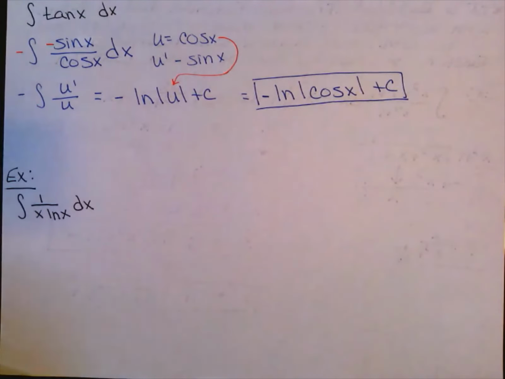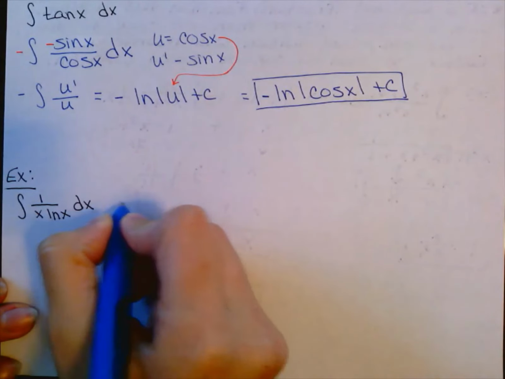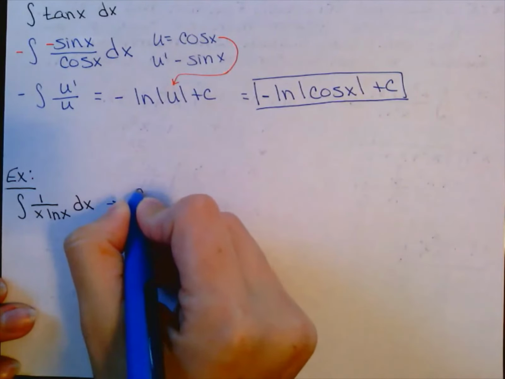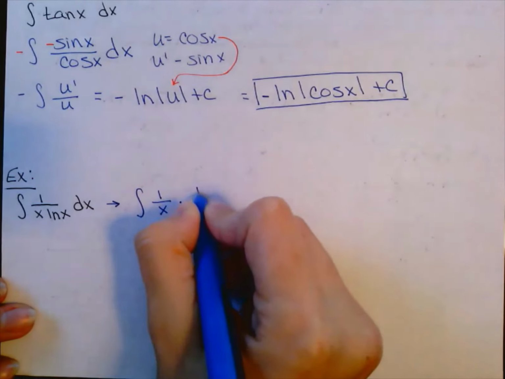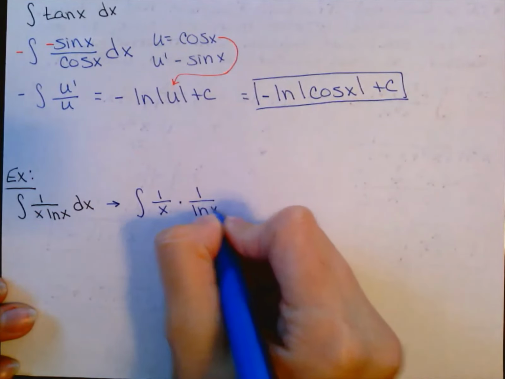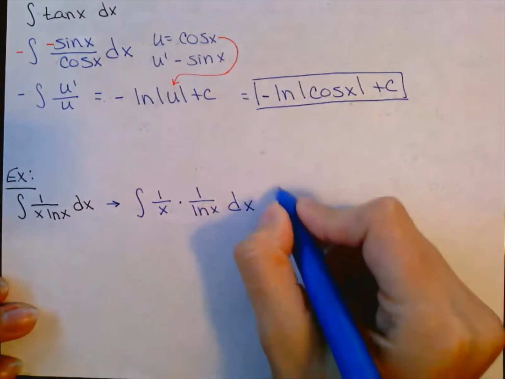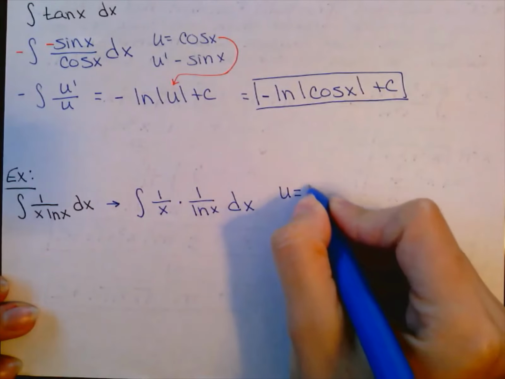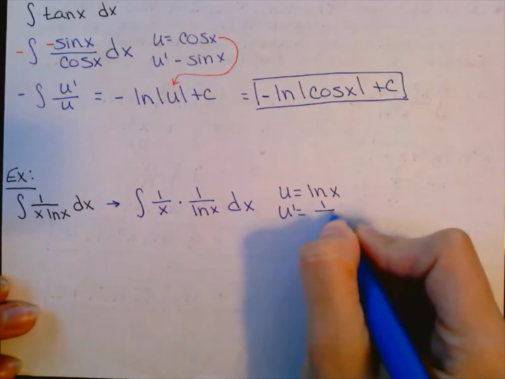So if you catch that, then maybe you can say, maybe if I rewrite this as the integral of 1 over x times 1 over ln of x. And now I can say, all right, well, if I'm going to use some u-substitution, I already know that ln's derivative is 1 over x.